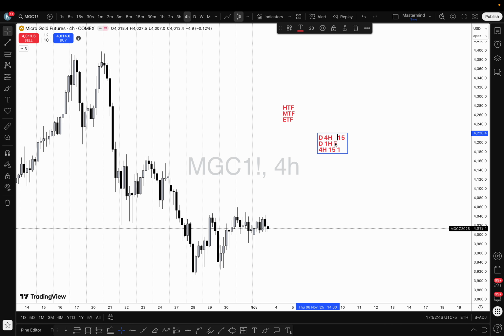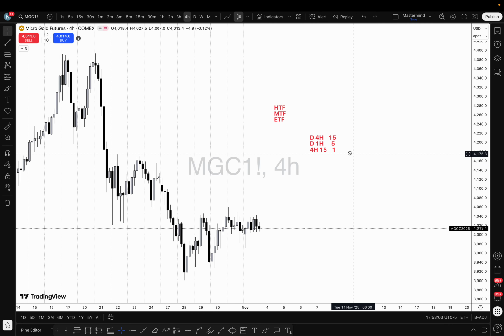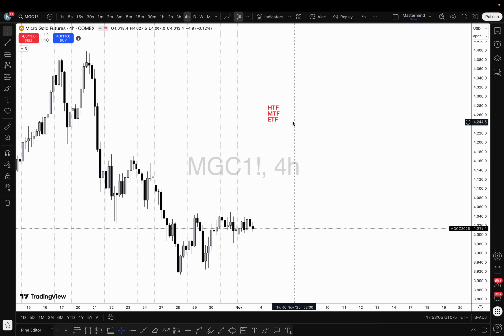So the entry time frame is the last time frame, and the entry time frame would be the nested zone within the middle time frame zone, and the higher time frame is just for direction. So it just depends on how it lines up.